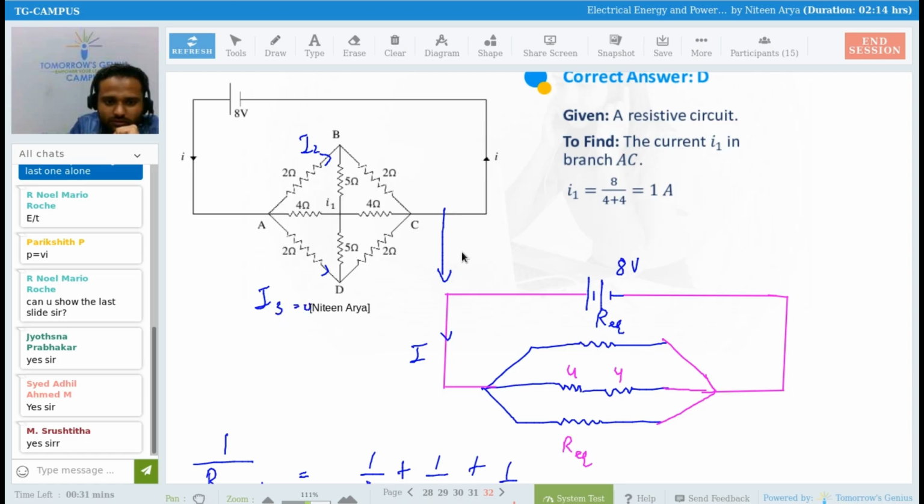Why so? Because using the concept of this Wheatstone bridge, if current is not passing through this, obviously current is not going here as well. In the same way, if current is not passing through this, current is not going here as well. So simply the current I1 in the branch AC is 8 volts divided by 4 plus 4. The current here is 0 and 0, and we have only current here, which is I1. And then this is 1 ampere.